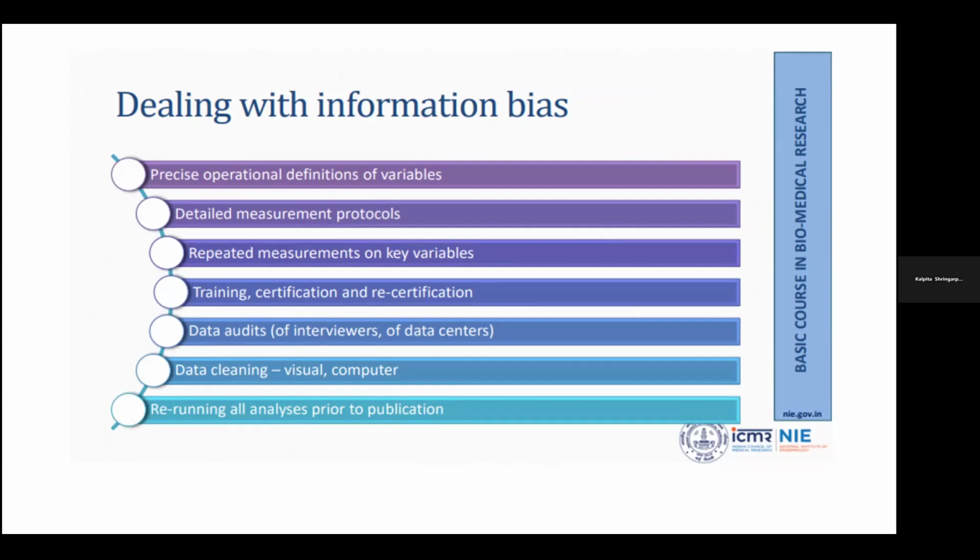If there are any key variables or outcomes, say lung cancer, I need to have repeated measurements probably, or training and certification of those who are going to do that measurement or procedure. I would need to have proper data audits of the interviewers, of the data centers, how the data entry is done, how the data analysis and cleaning is done based on visual or computer applications, and also rerunning all the analysis before I actually go to the publication stage.